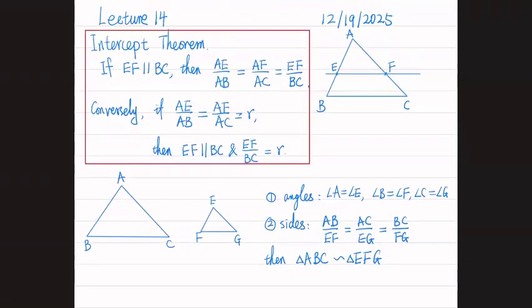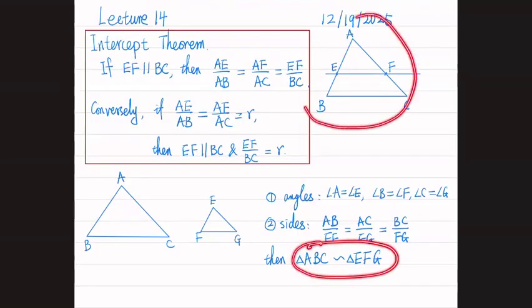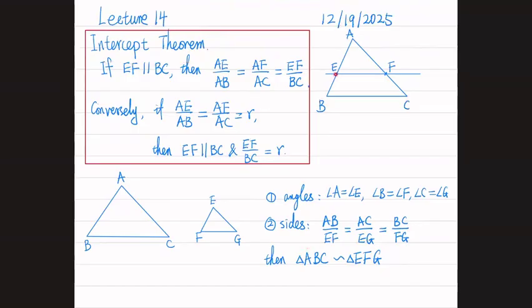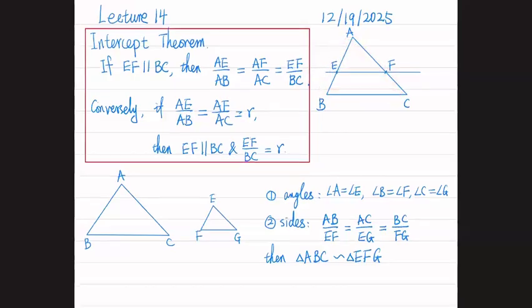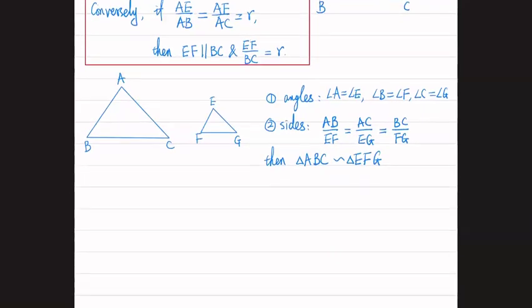Now, using this new terminology, we can reformulate our results about the intercept theorem. It says that if these two lines are parallel, then these two triangles are similar. So reformulate.